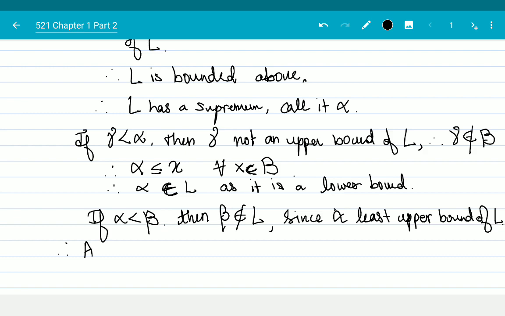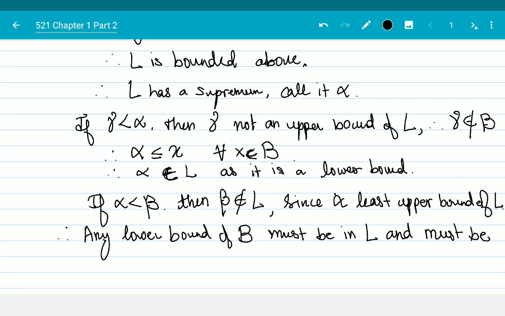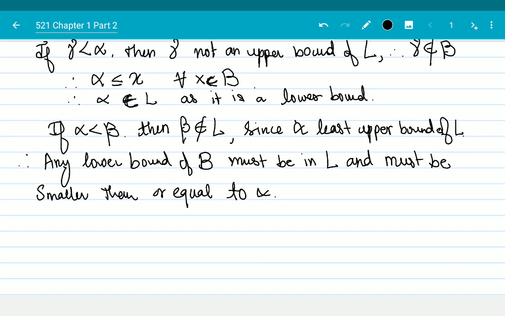Therefore, any lower bound of B must be in L and must be smaller than or equal to alpha, right?